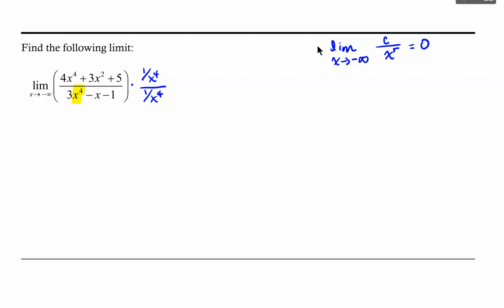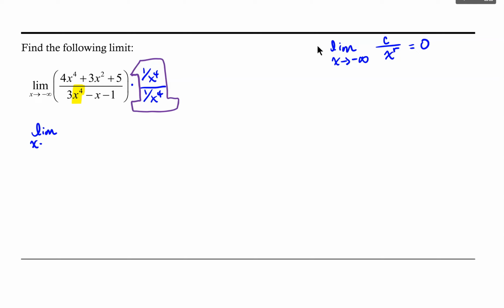Now, keep in mind that I'm just creating an equivalent form of this function, because as long as x does not equal 0, this simplifies to 1. So let's go ahead and rewrite our limit.